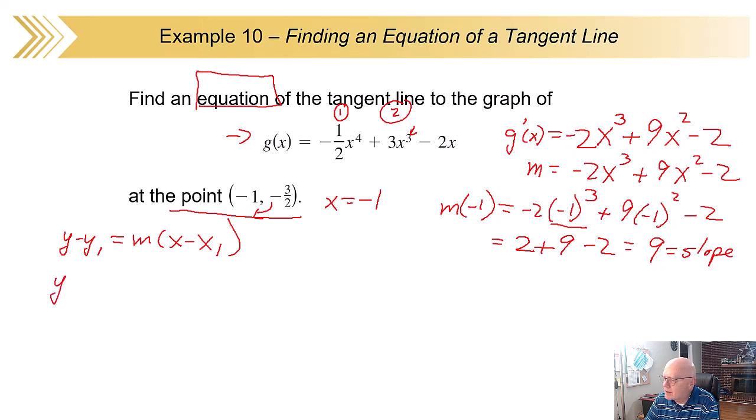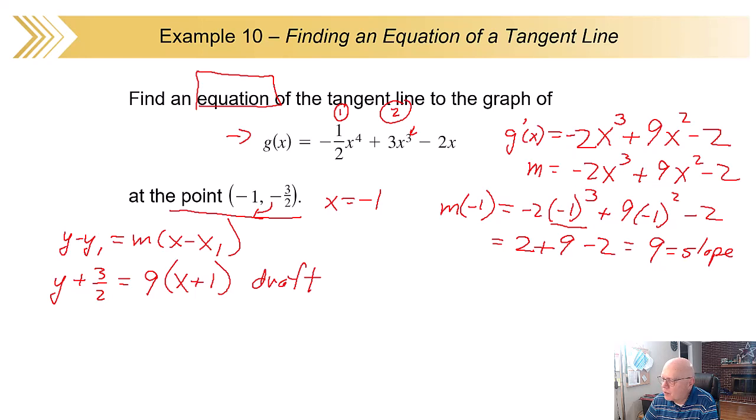y minus, well, the y value is negative 3/2, so y plus 3/2 equals, the slope is 9, we already found that, and x minus the x value, x minus the negative 1 is plus 1. We've got our equation in draft form.